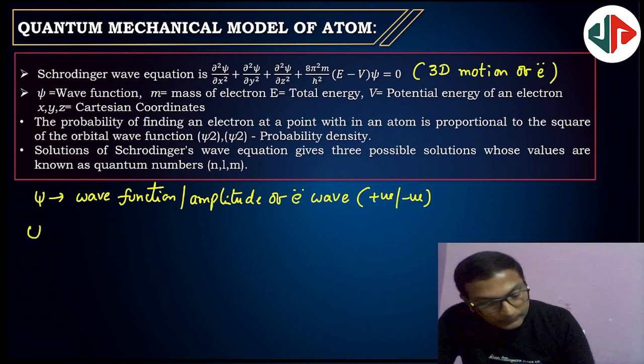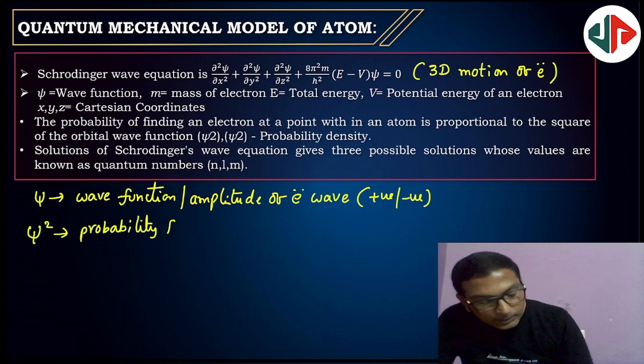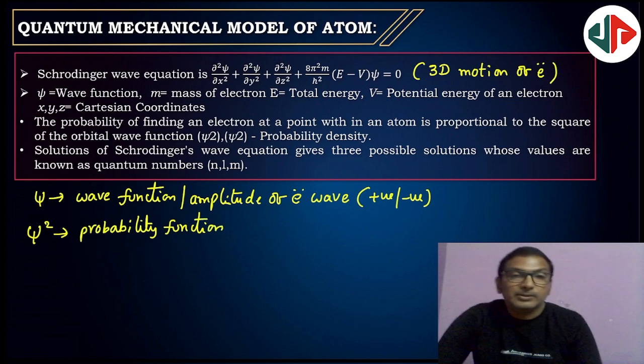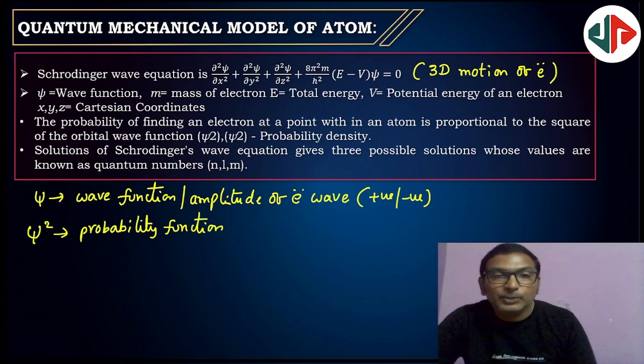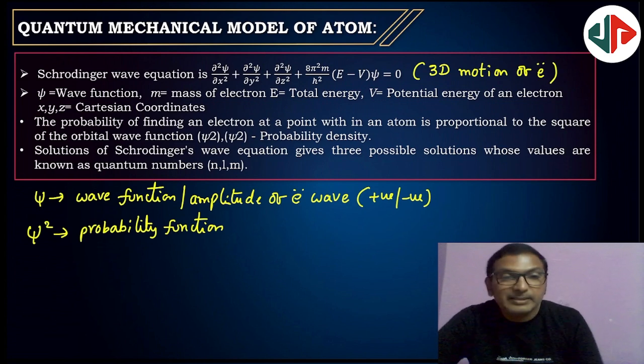Next, psi square: probability density or probability function. So psi square explains probability of finding electron around the nucleus. So based on psi square, we can explain probability of finding electron.